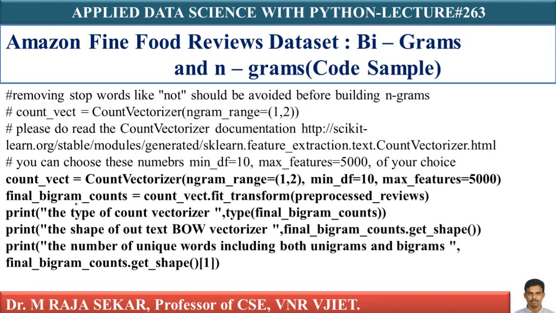Final underscore bigram underscore count is equal to count underscore vector. This is my variable, my object. Fit underscore transform. I already discussed about this fit underscore transform in my previous classes also. What is the meaning of fit underscore transform?